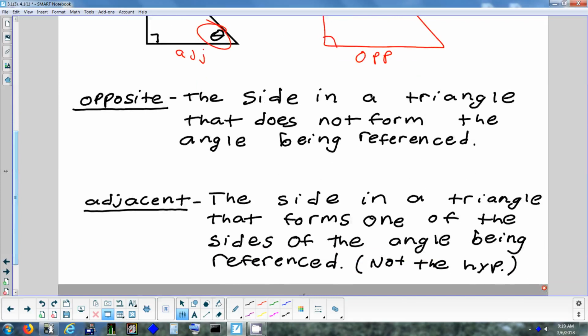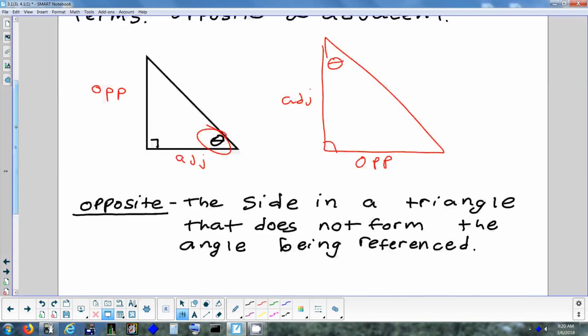The hypotenuse is not a relative term like opposite and adjacent. I call it more of an absolute term. It's kind of like the direction up. It doesn't matter which way we face in this room, whether you're facing the front or I'm facing the back, up is the same direction for everybody. Left and right changes, but up doesn't. Hypotenuse doesn't either.